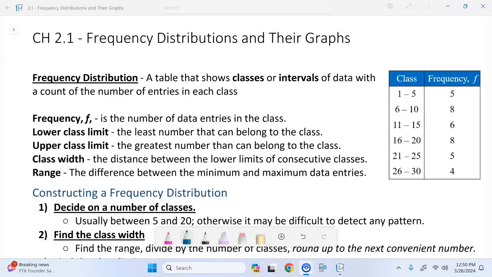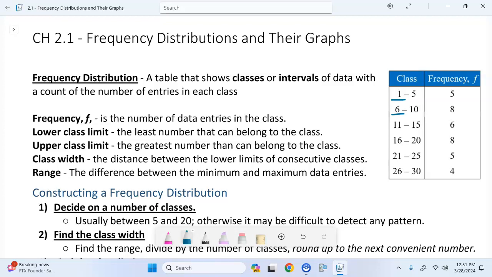And so if we look at our first 2 lower class limits, what is the difference between 1 and 6? 5. So our class width is 5.